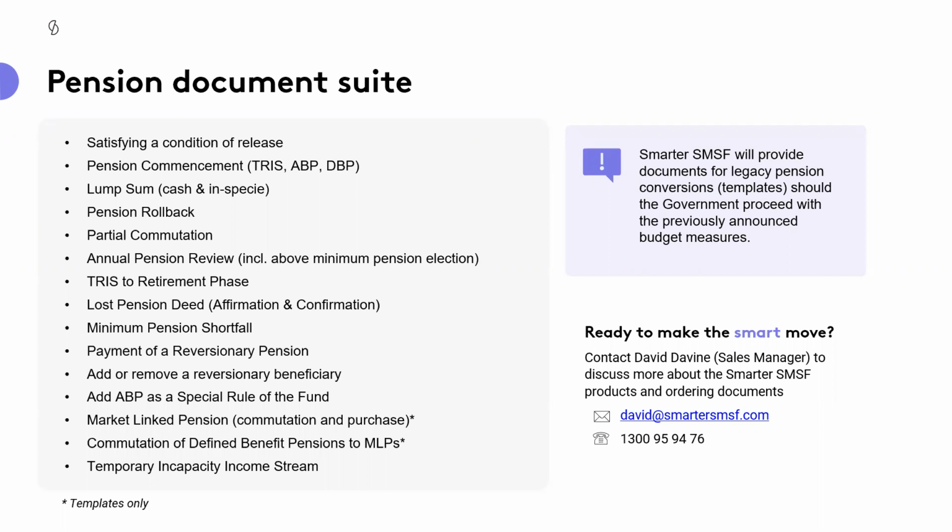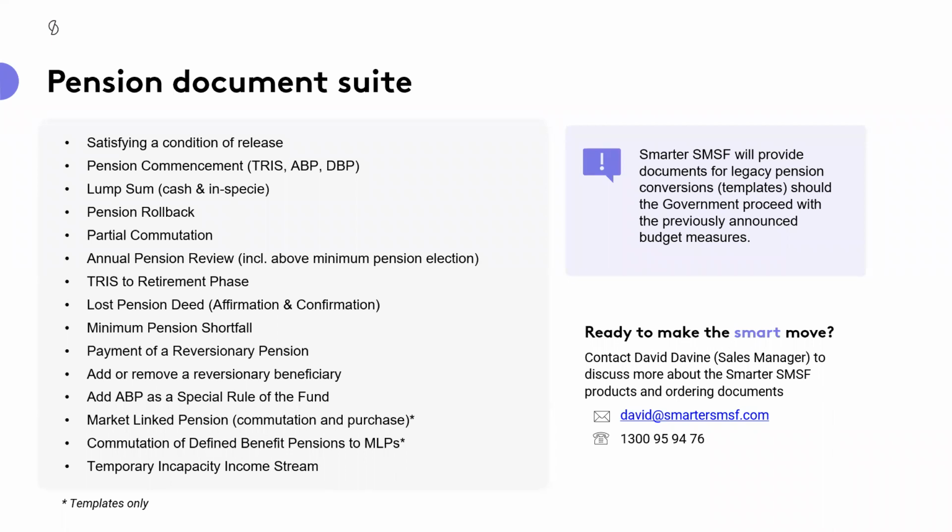We have our rollbacks, our commutations, and our annual pension reviews, which you can also do for above minimum pension, TRIS retirement phase, and minimum pension shortfalls. We also cover payments of reversionary pensions where a member has passed away, and that documentation to automatically revert to the member. If you want to make changes to existing income streams to add or remove, or you want to have existing pension documents.